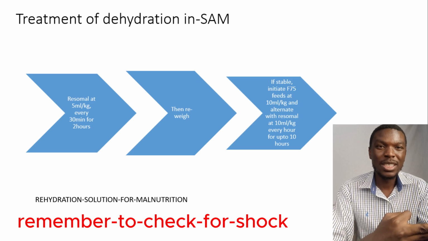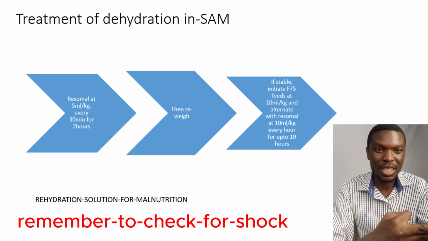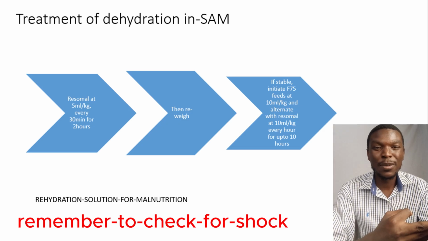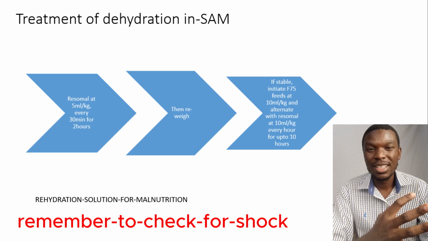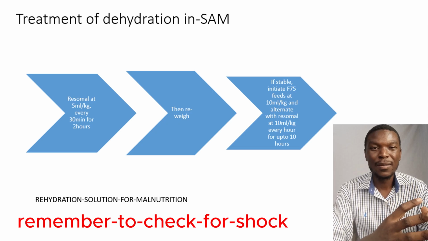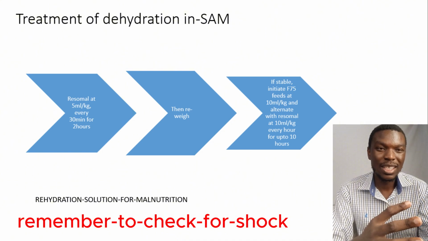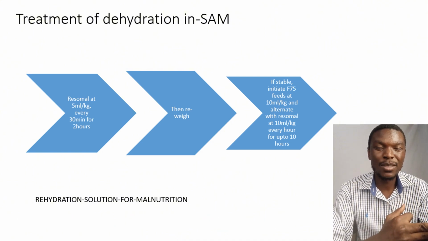So when you measure before feeding this fluid, and then the child has taken a lot of water, some of it will be lodged in the liver, and the liver will expand, hence the circumference of the abdomen will increase. So you can also use that to check if there's fluid overload.